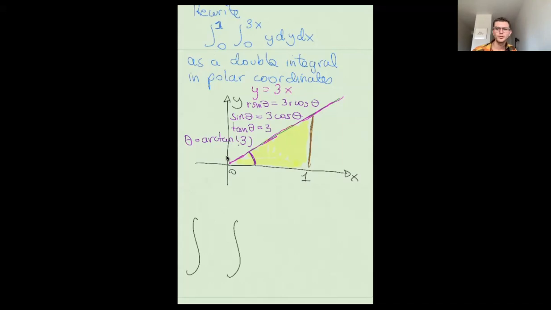Okay, so let's try to convert. Now here comes the conversion piece. The first thing you have to convert: above, y was the thing we were integrating. That has to be converted to polar, so this becomes r sine of theta, right?